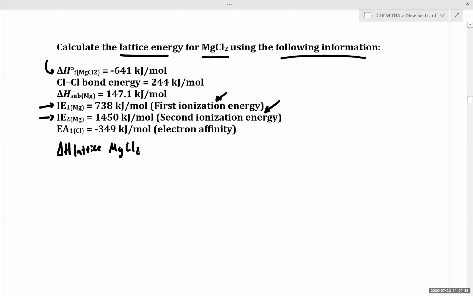And we're going to compare the lattice enthalpy of magnesium chloride to sodium chloride or sodium iodide. And we'll see something pretty interesting. So let's get started on this example. We'll spend about 6 to 7 minutes on this example, and then we'll come together as a group to discuss.